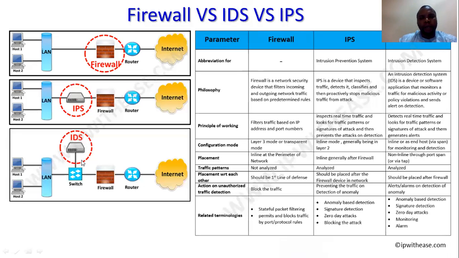So we look at the differences according to these parameters for classification. We have the abbreviation, the philosophy or principle of working, configuration mode, placement, and traffic patterns. We have the placement with respect to each other. And we have the actions on unauthorized traffic detection, and the related terminologies that relate to each of these devices.